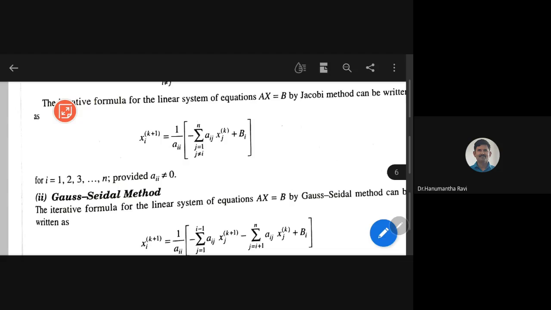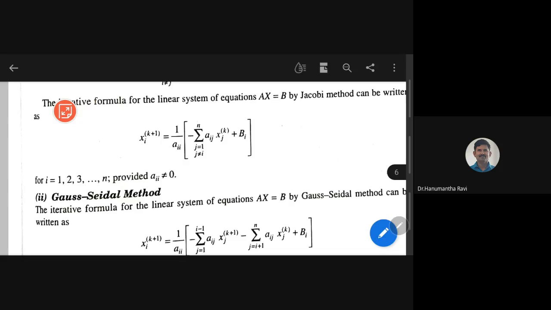Remember here, the bisection method, regula falsi method, Newton-Raphson method, and the fixed point method or iterative method deal with only one equation.